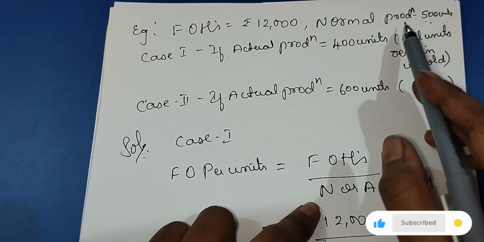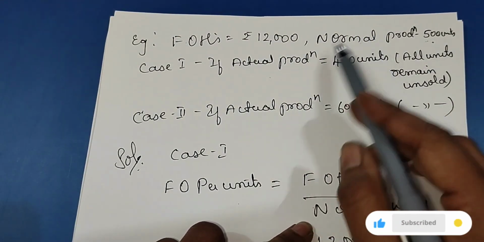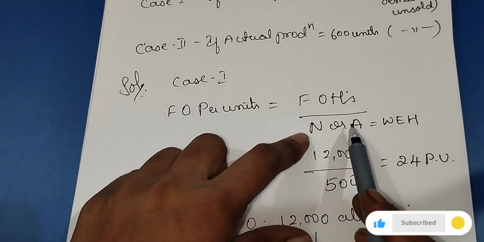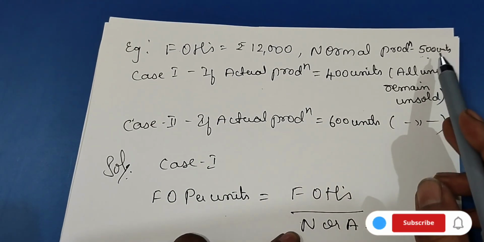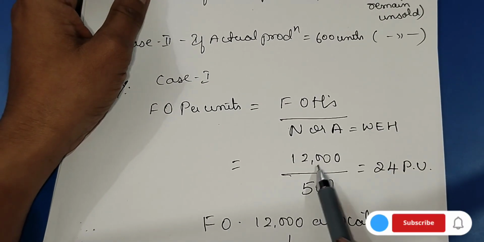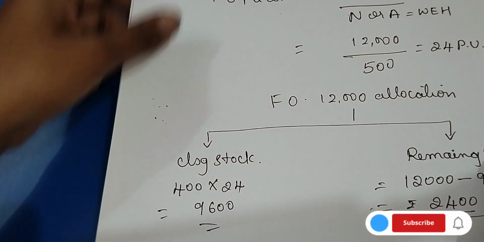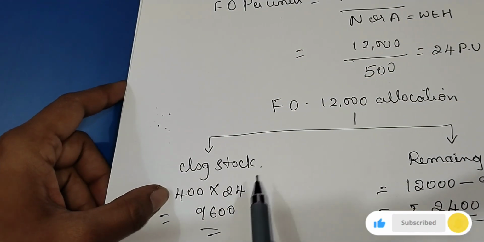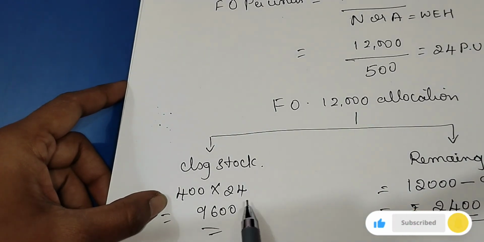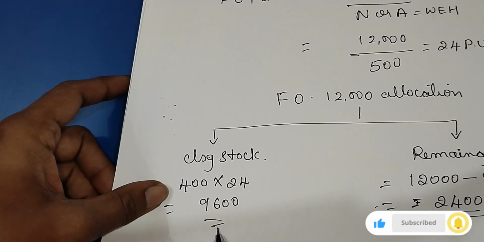production. We are comparing normal production and actual production, and whichever is higher will be considered. Okay, so the higher is 500, the normal production is higher. So we have taken normal production. 12,000 divided by 500 gives 24 per unit. Here the closing stock is 400 units, so 400 units into 24 per unit gives 9,600.